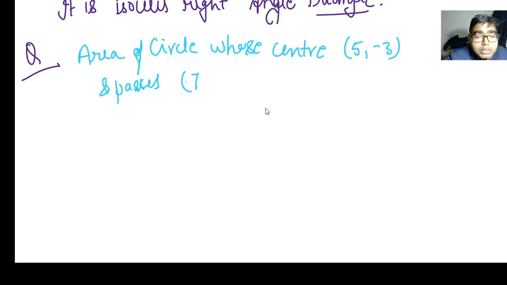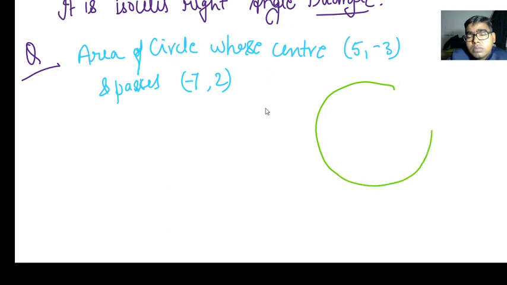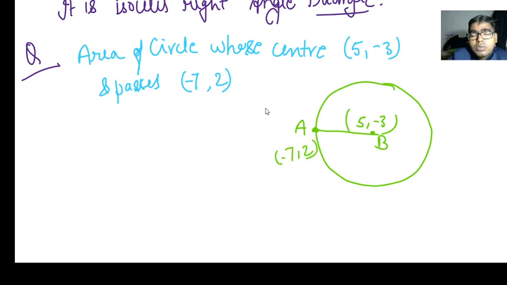Simply suppose that is a circle with center (5, 3), and it passes through point B. The point is (-7, 2).